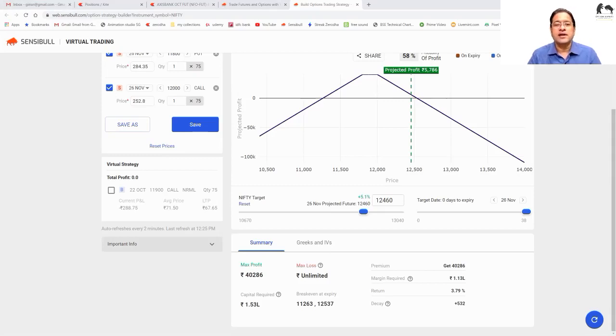As I told you very clearly, here you buy a call and put option with different strike prices, and then you are creating a straddle.